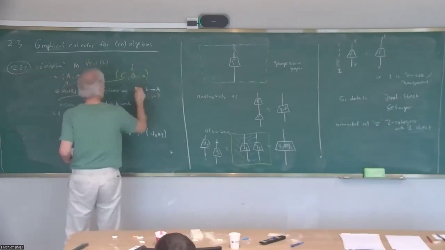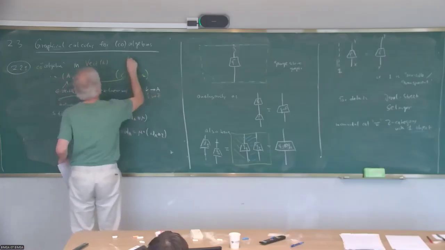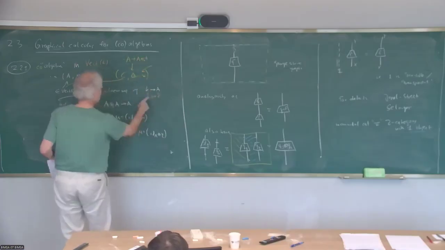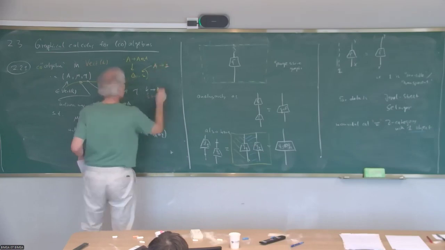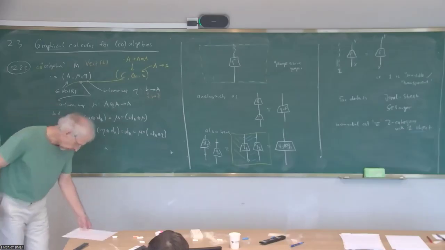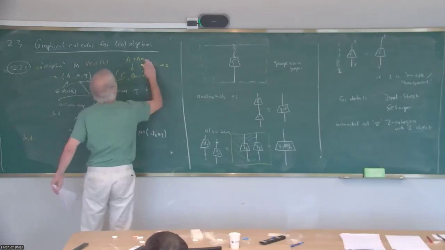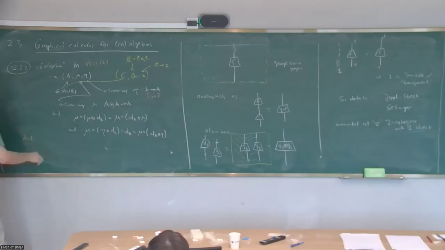Delta is now a linear map, I don't write this all the time, in the opposite direction from C to C tensor over K C, and epsilon is a map in the other direction, such that I get similar requirements as here.